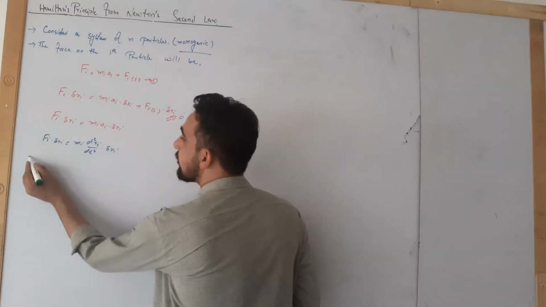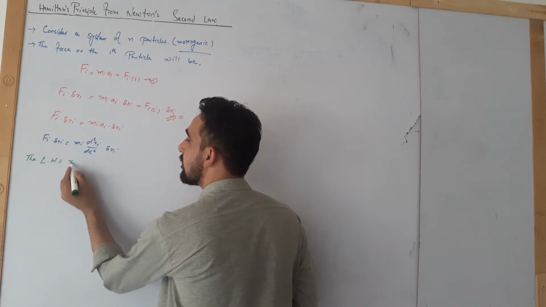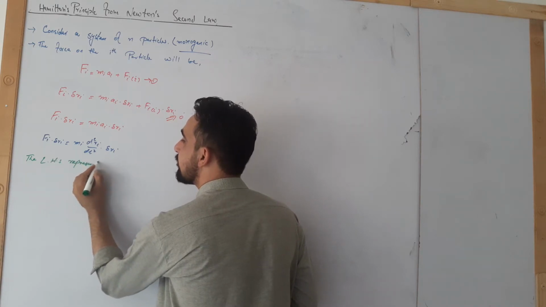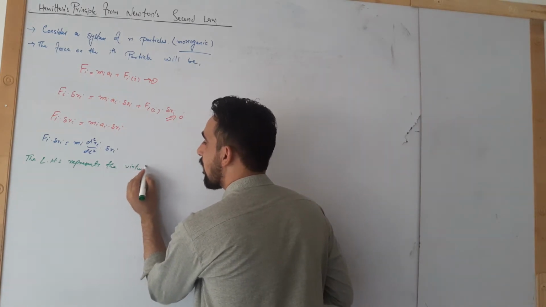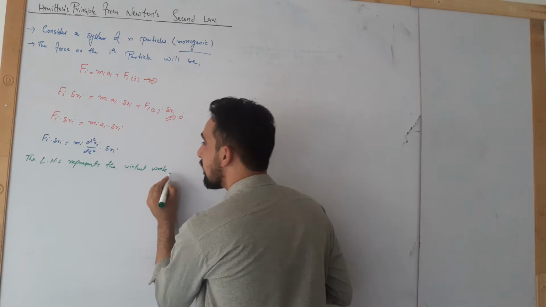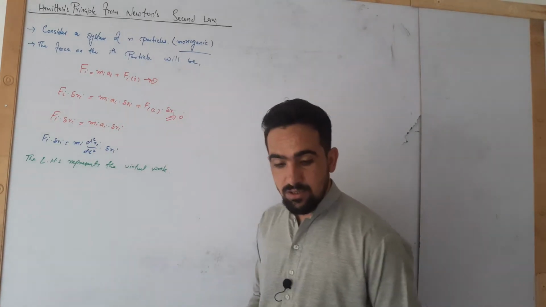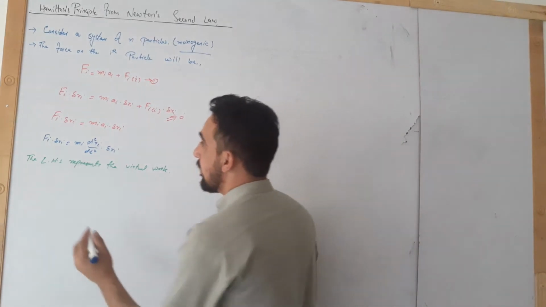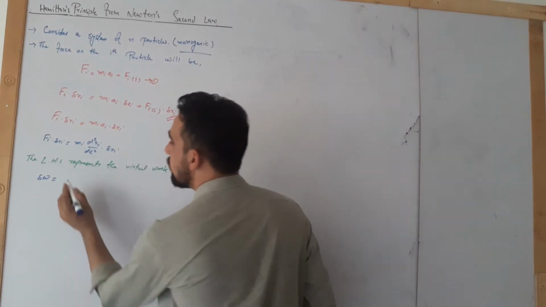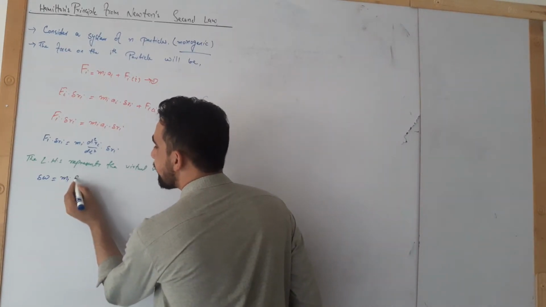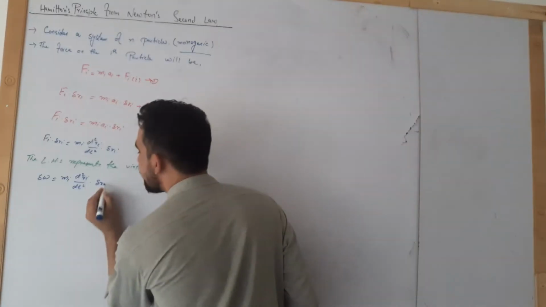The left hand side of the equation represents the virtual work. So we can say virtual work is equal to Mi d square Ri over dt square dot del Ri.